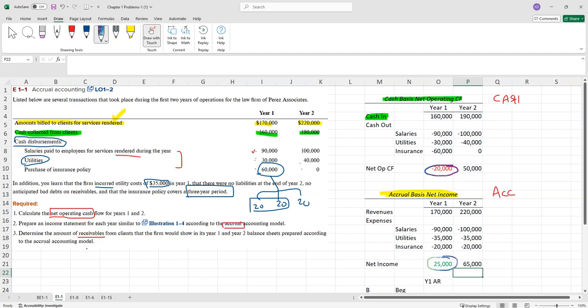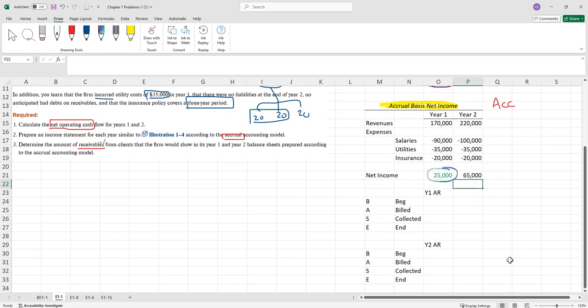The next thing they tell us is, can you please figure out the amount of receivables that they would show in year one and year two on the balance sheet using the accrual method? So that's what I've built out down here. You should know the basics of T accounts, but they really follow that base formula: beginning plus additions minus subtractions gets you your ending.